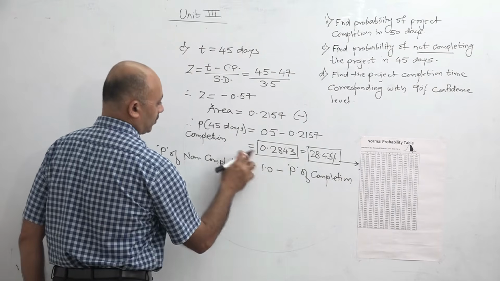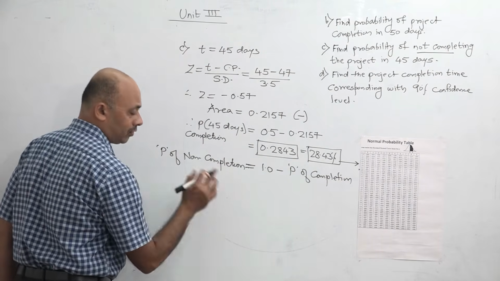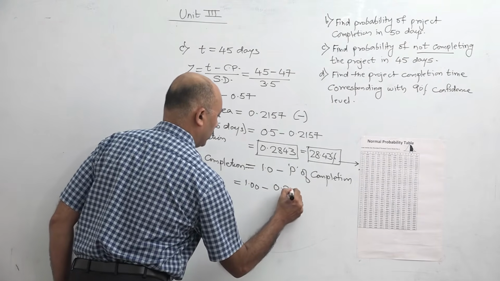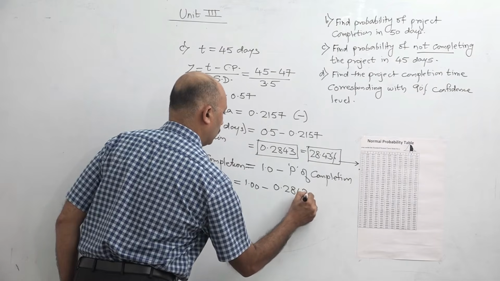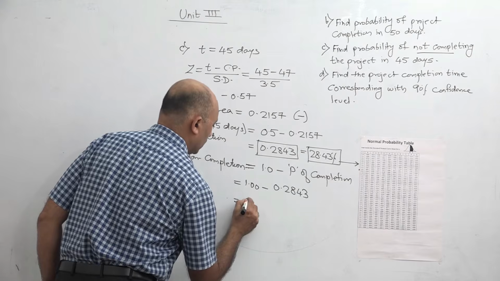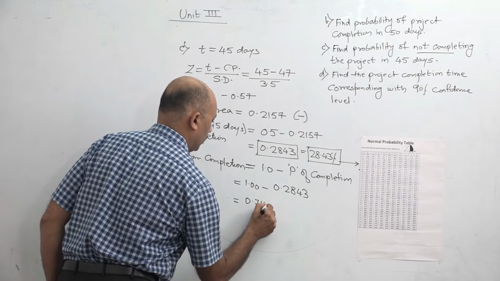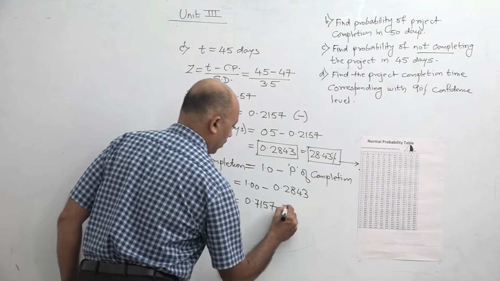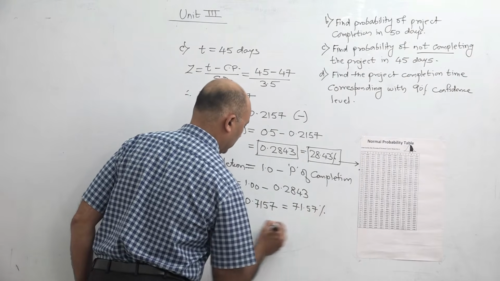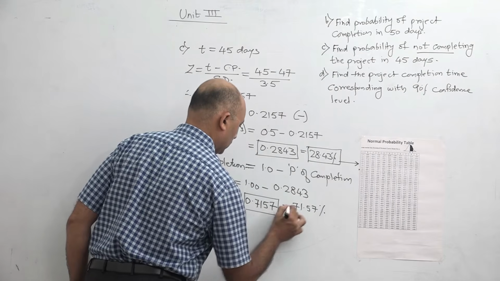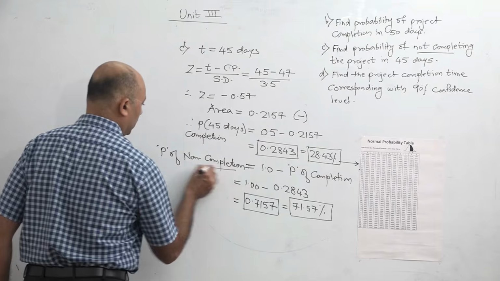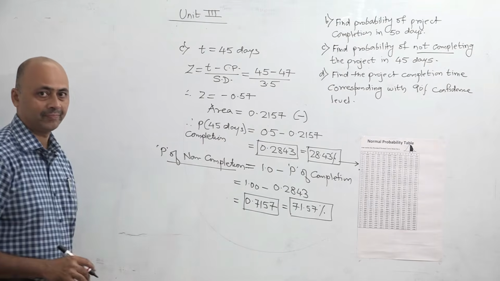So 1.00 minus 0.2843 will be 0.7157, or if you multiply by 100, that is 71.57%. So this is the P of non-completion of the project in 45 days.